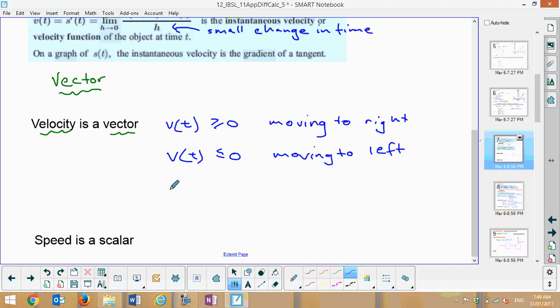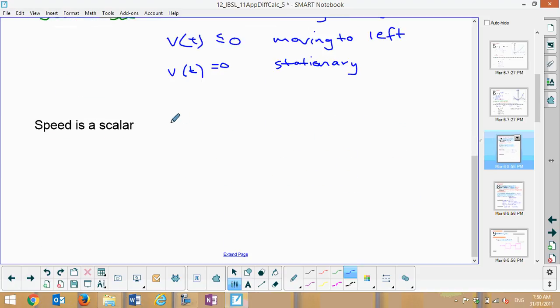And probably just to clarify, if our velocity is 0, it means we're stationary, we're not moving, and that's hopefully obvious. Speed is a scalar, so always positive. It doesn't tell us where we're going, it just tells us how fast we're going.